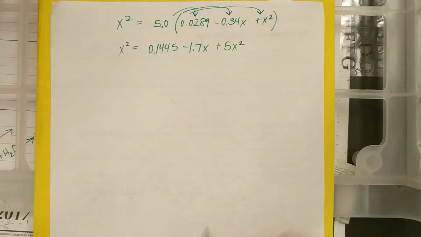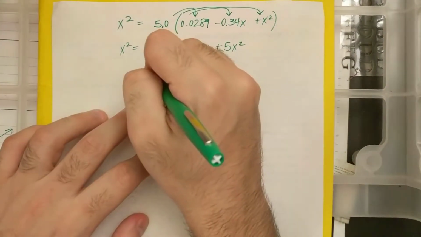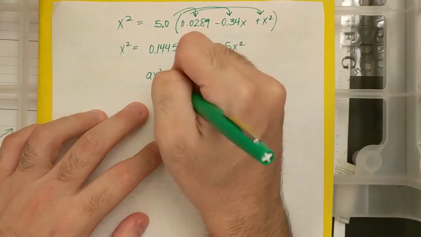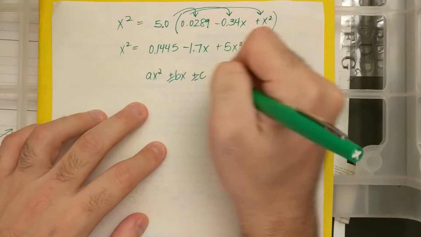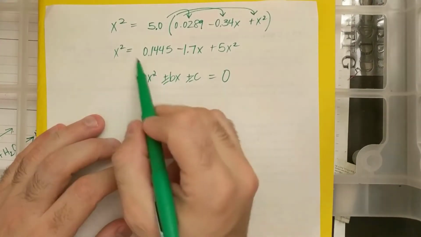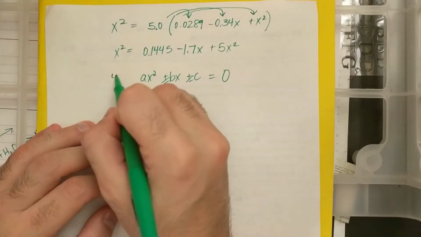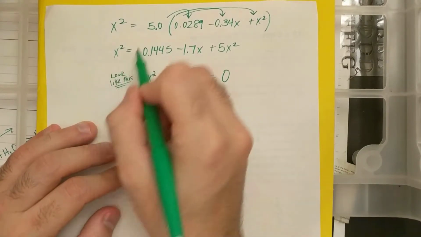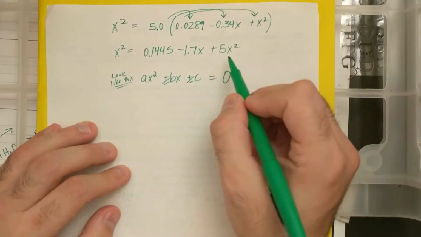And now I want an expression. Remember, for a quadratic, I want it to be like ax squared plus bx plus c equals 0. I gotta have everything on one side. So I want it to look like this, and I'm gonna have to take this x squared and move it over here.